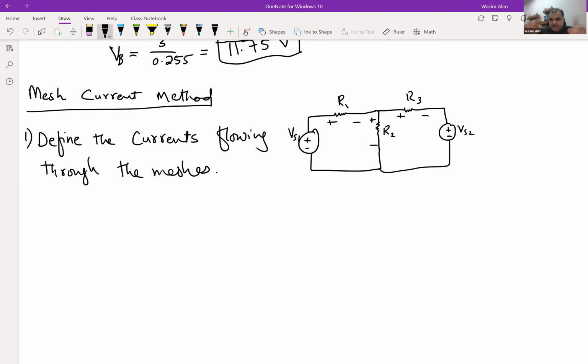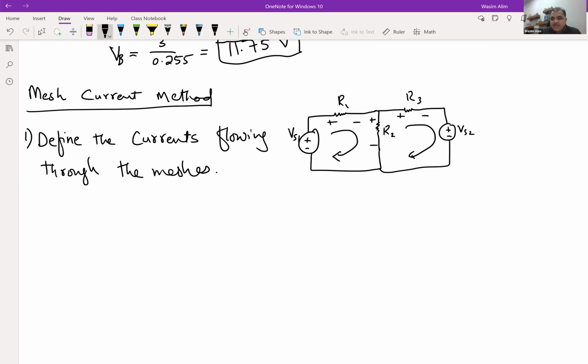In this case, the third is again the larger loop, but the mesh is the smaller sub-part of it. In the first mesh, you have to identify the currents flowing through them. Normally what I do, and what is the accepted convention, is that you take these currents always in the clockwise direction.